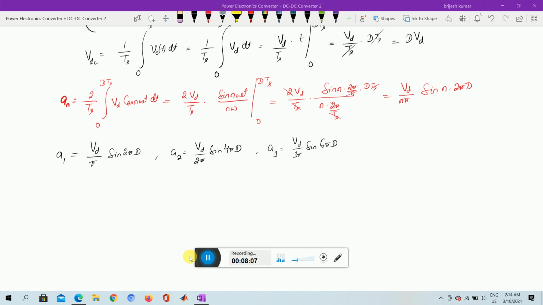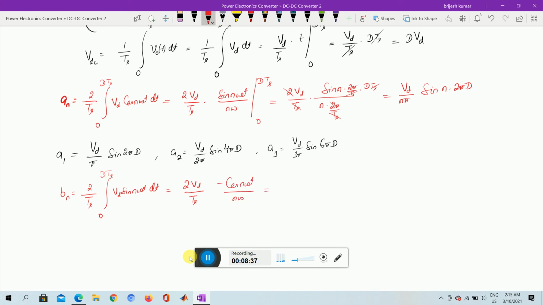Let us get the value of Bn. When you evaluate Bn, this is nothing but 2 by Ts, again 0 to dTs, Vd, this time sine n omega t dt. So what we get here again, 2 Vd by Ts, the sine integration is minus of cos n omega t by n omega.